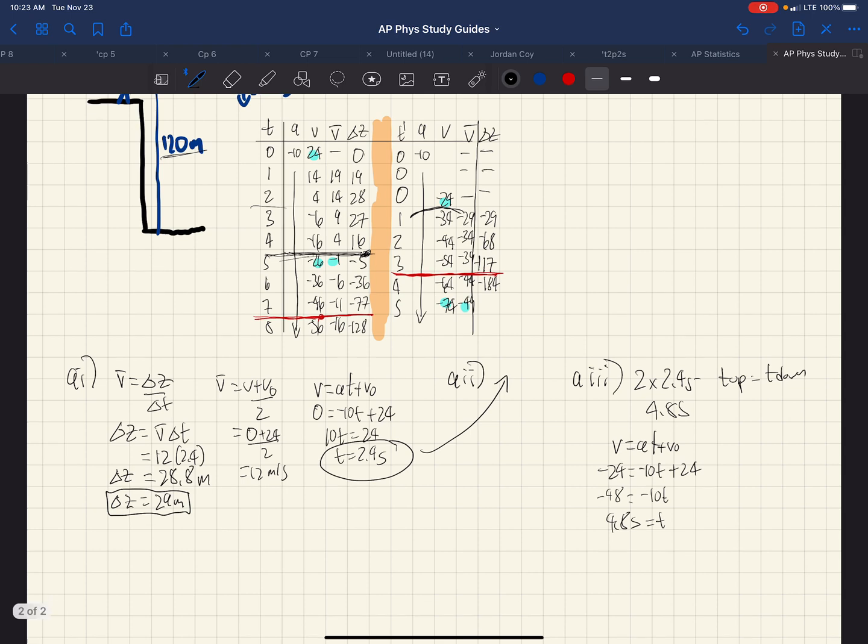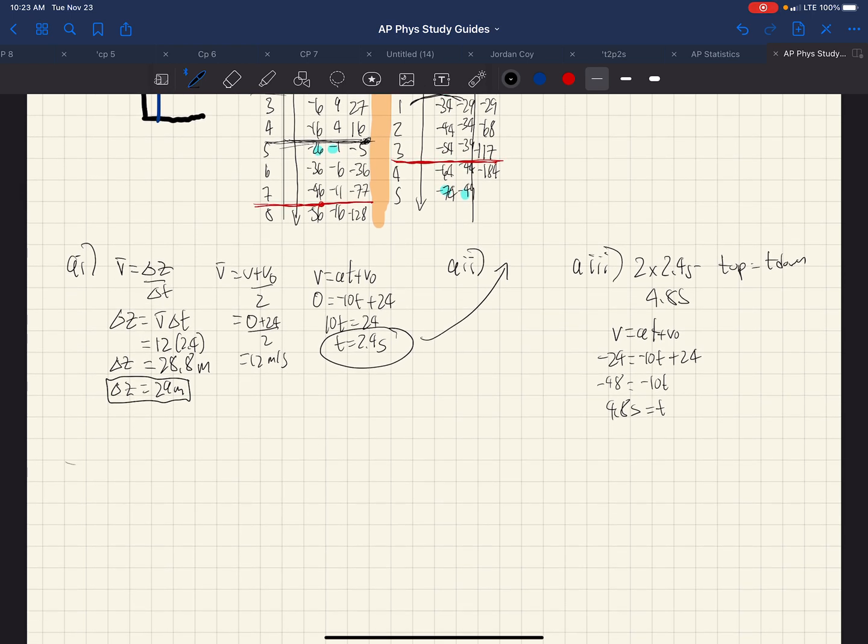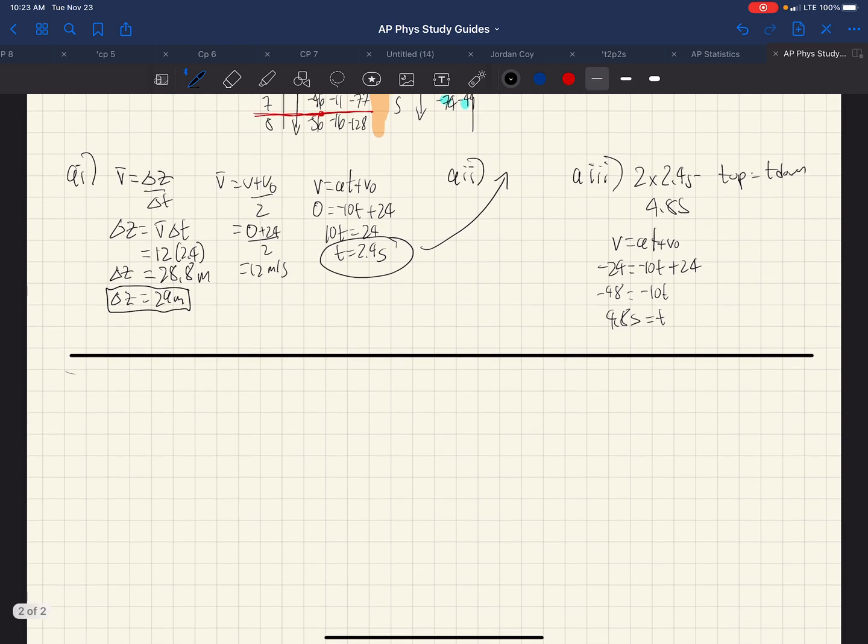A4, how long does it take to reach the base of the cliff? Well, we have two equations for this type of thing: v equals at plus v0 and z equals 1/2 at squared plus v0t plus z0.